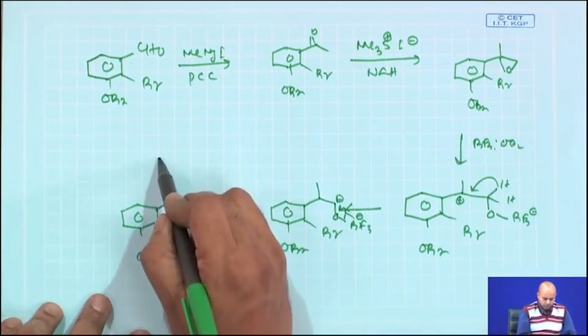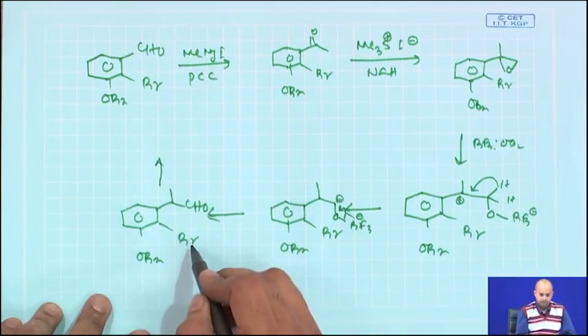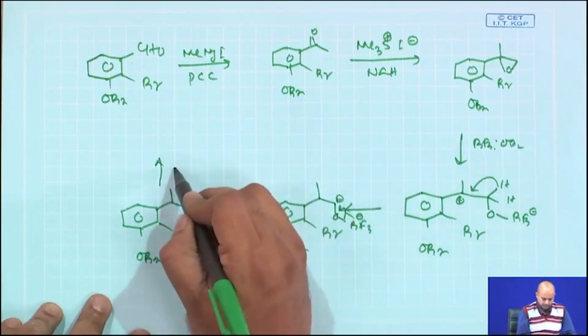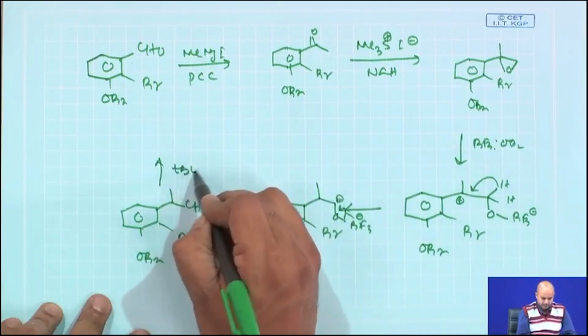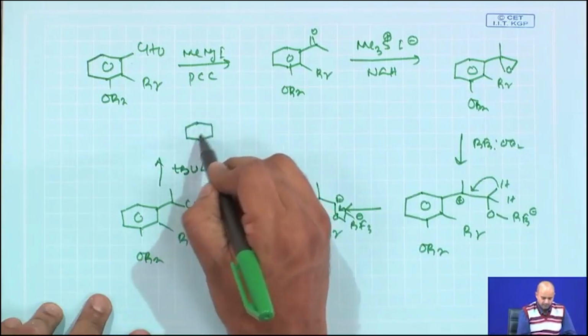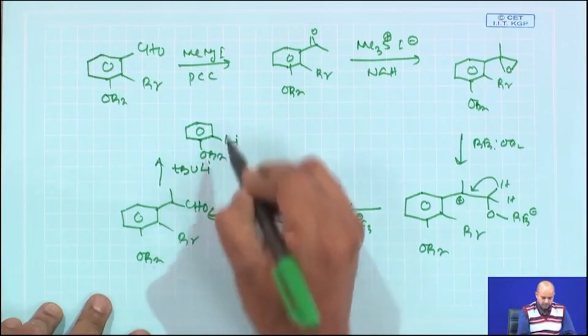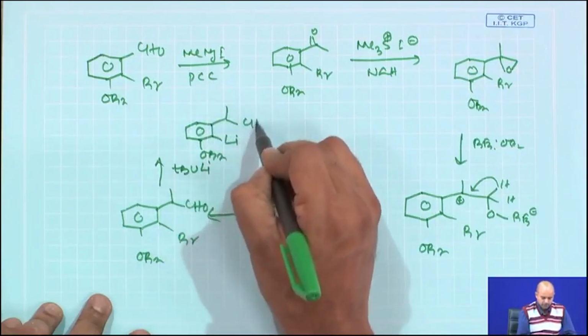If you are not sure about the mechanism of the Meinwald rearrangement, now you exchange this bromide with lithium, with a sterically bulky lithium reagent like tertiary butyl lithium, and then you will generate a lithium species on the phenyl ring, and then your CHO is here.